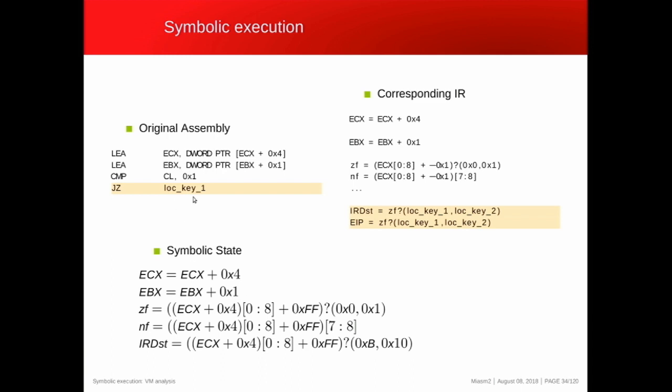So with symbolic execution, we get this equation and we can deduce dependencies of the next basic block. But we have a problem here. In concrete execution, obviously the zero flag will be an integer and will be resolved, and here it's not resolved. So we don't know where to go, whether we will go to B or 10.